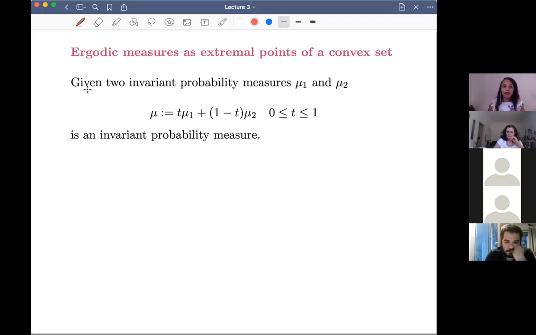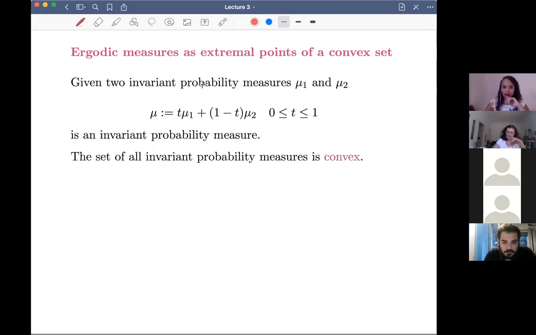Say you give me two invariant probability measures, and you take a linear combination of them, where p is just a number between 0 and 1. You create a new probability measure, and this is also invariant. It's not hard to see that if you define the measure this way, if mu1 and mu2 are invariant, then mu will also be invariant.